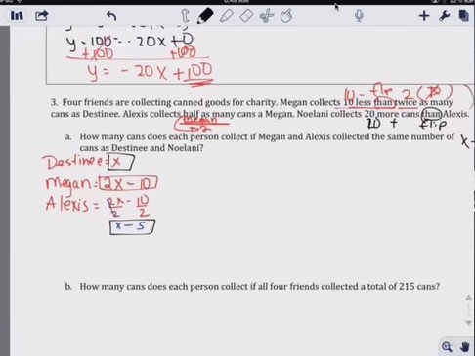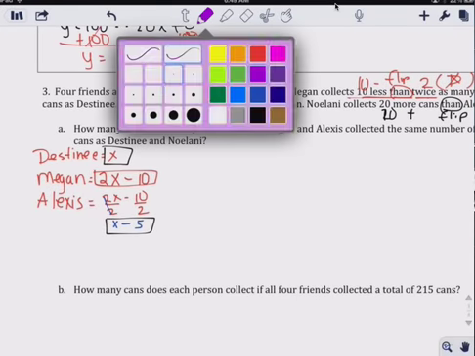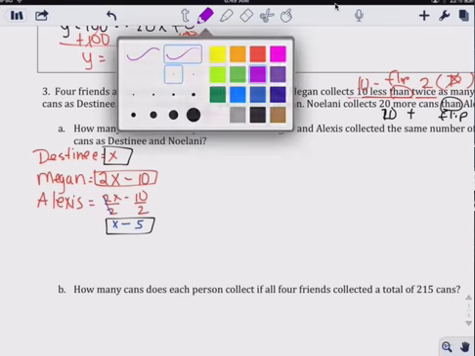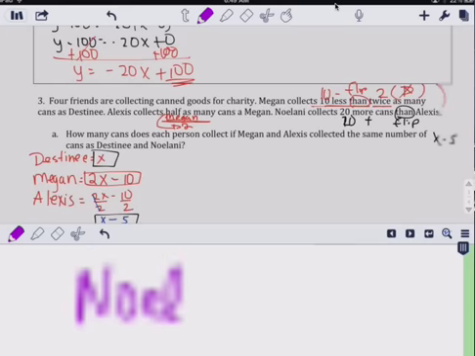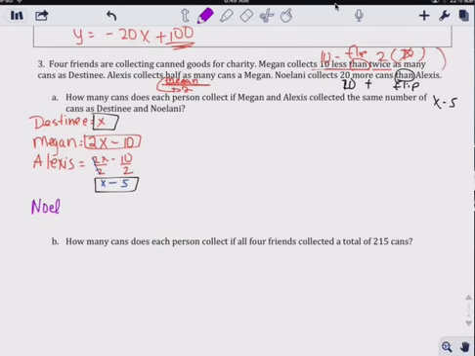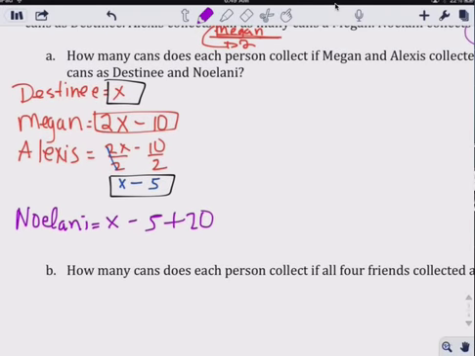So Nolani is x minus 5 plus 20. Okay? We got it, which is x plus 15 for Nolani. So we got all the expressions right here.